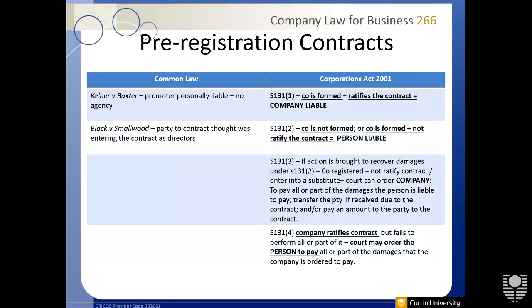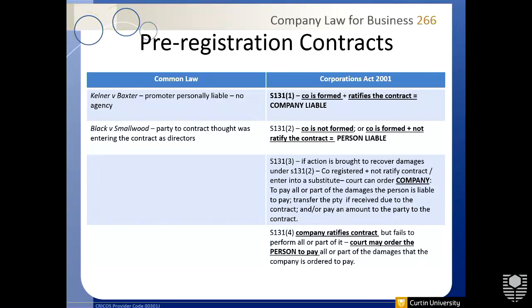Now, 131 sub 3: if an action is brought due to subsection 2, where the company is registered and it does not ratify the contract or enter into a substitute, the court can order the company to any of the following remedies.